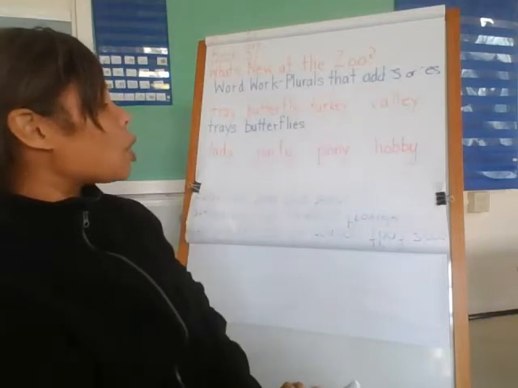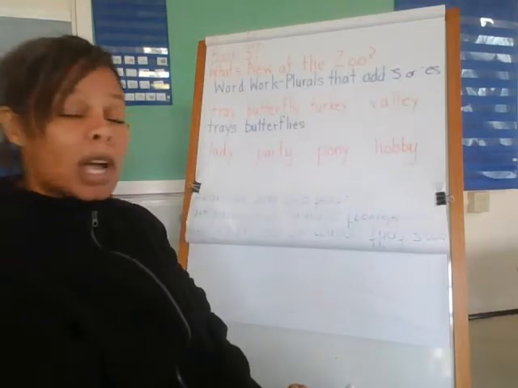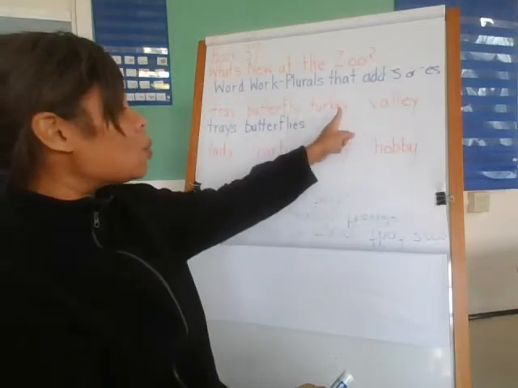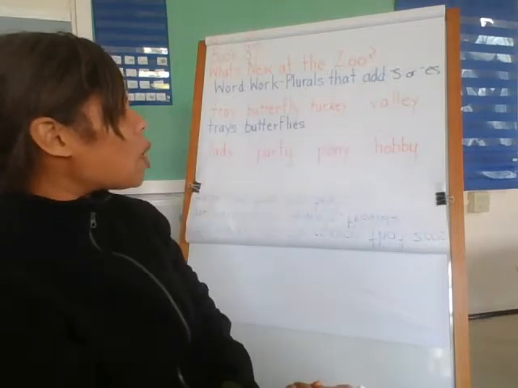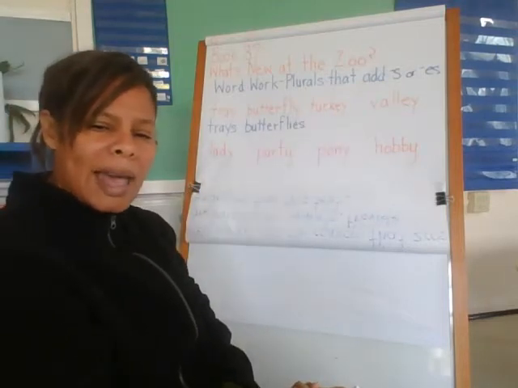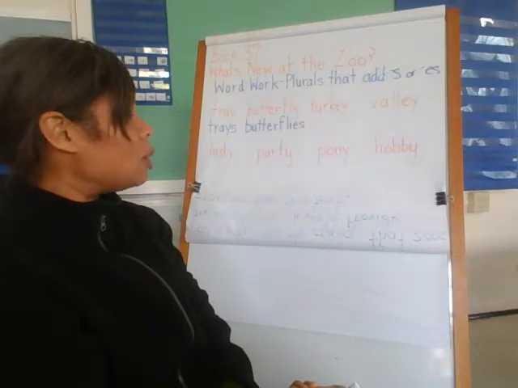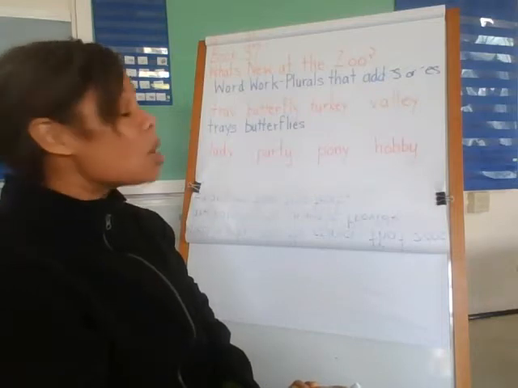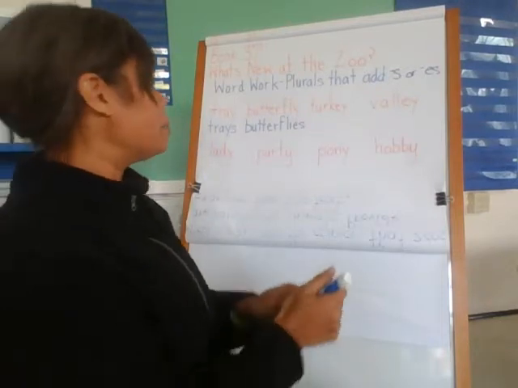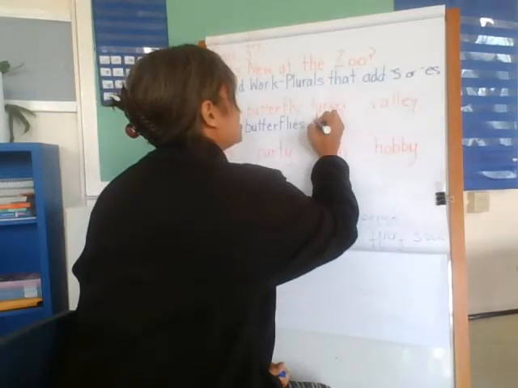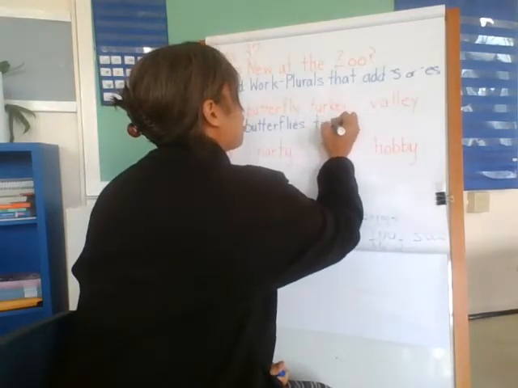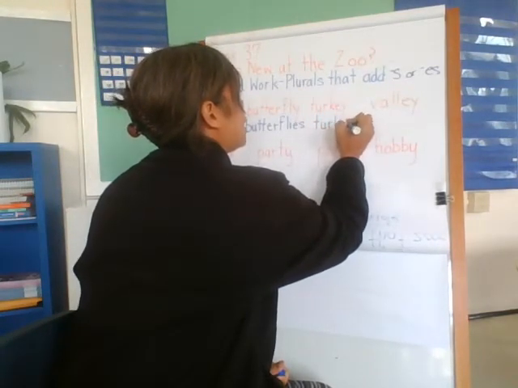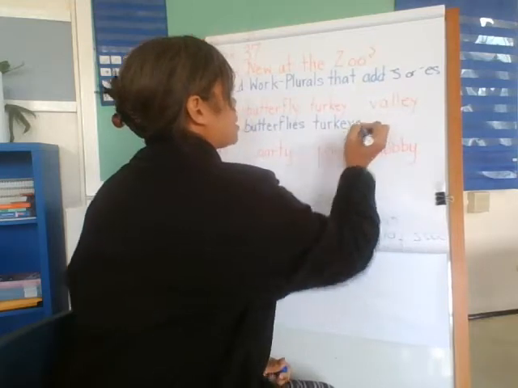Next we have the word turkey. And turkey also ends in Y. But we won't drop the Y and add IES. We would just have to add an S. So turkey would become TURKEYS.